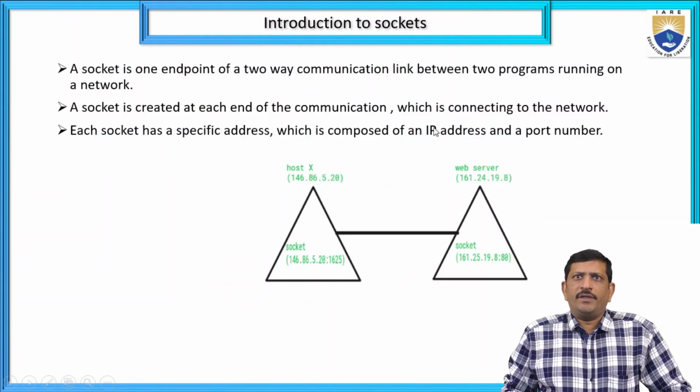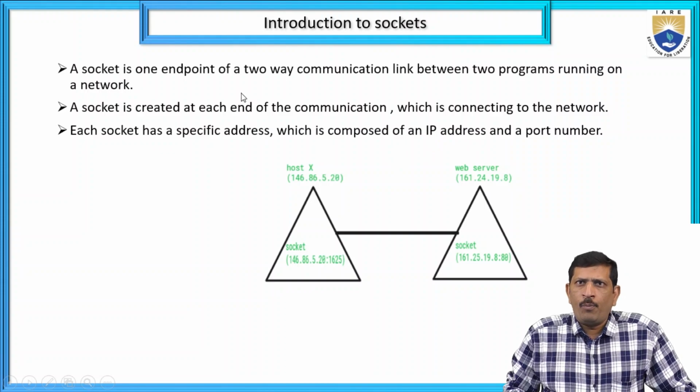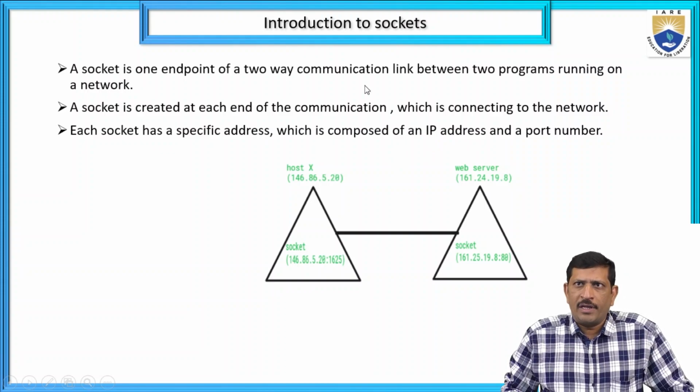A socket is one endpoint of a two-way communication link between two programs running on a network. That network is the same network, and these are the two endpoints that are running and communicating.